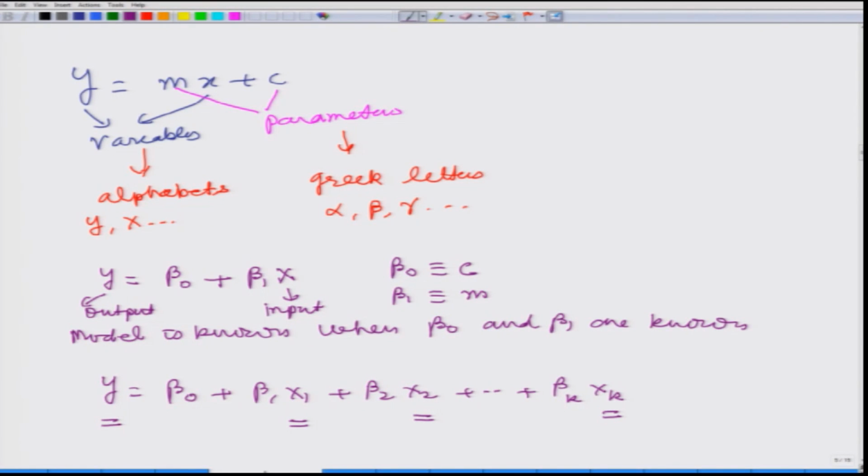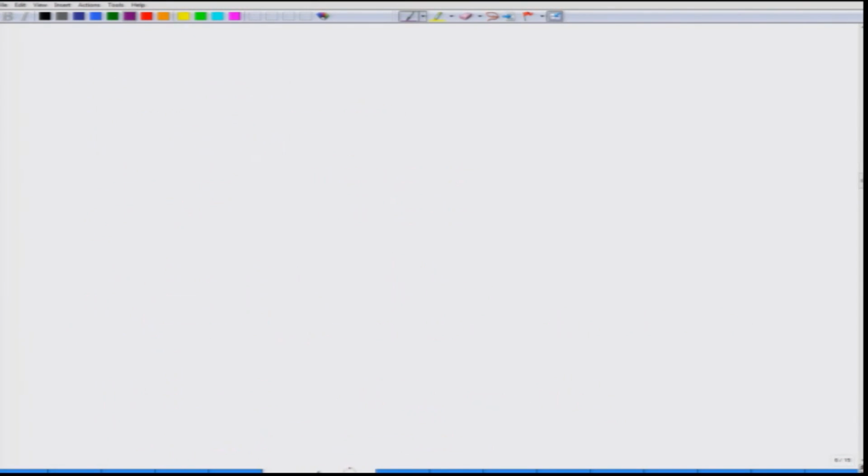So beta 0, beta 1 up to beta k are the parameters of the model, right.